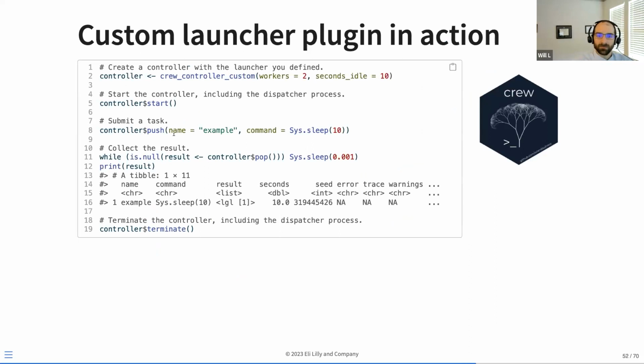And the usage of plugins is exactly the same. You get everything that's in the controller: start, push, pop, terminate. All of that is the same from plugin to plugin. There's very little that needs to be done from a plugin developer standpoint.